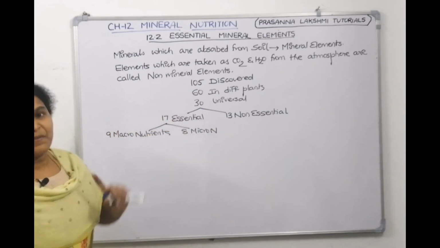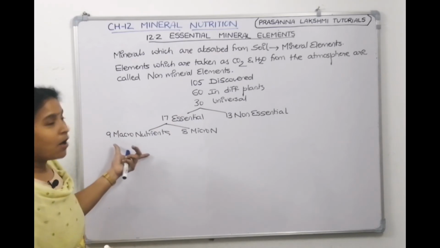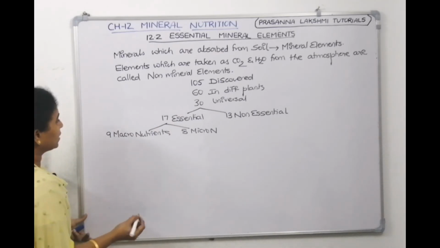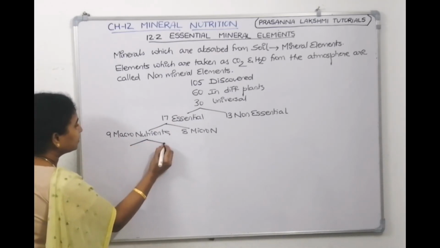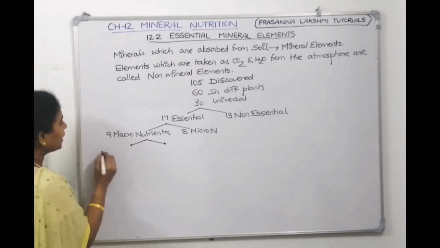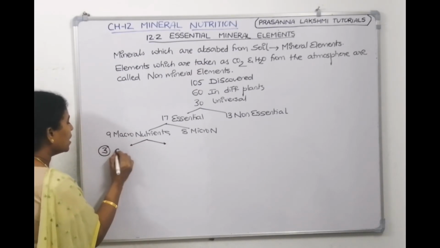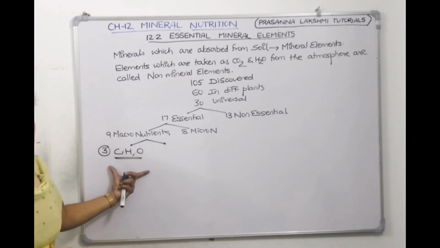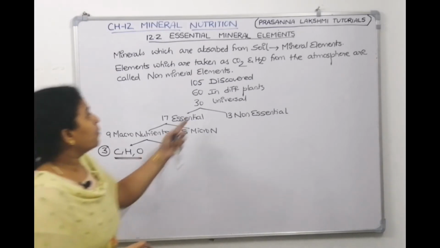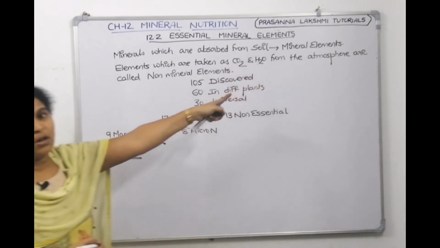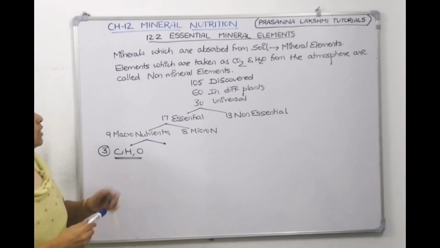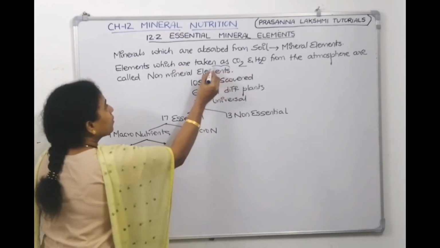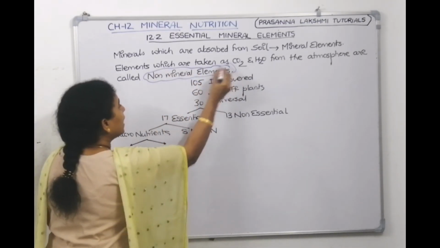Now, among these 9 macronutrients, we can tell that 3 are different. What are those 3? Carbon, hydrogen, oxygen. Carbon, hydrogen, oxygen are taken in the form of carbon dioxide and water from the atmosphere, and they are called non-mineral elements.